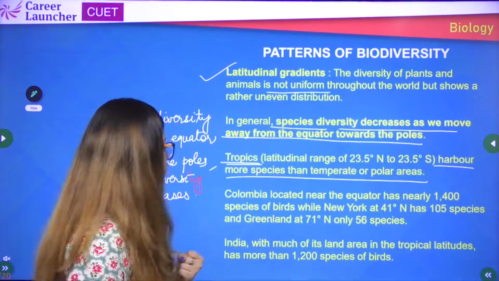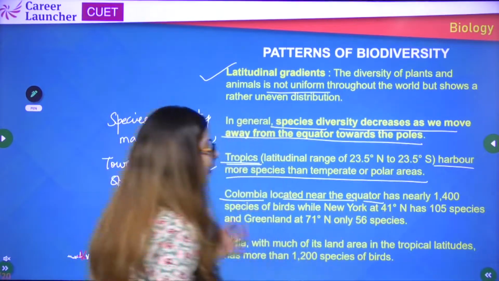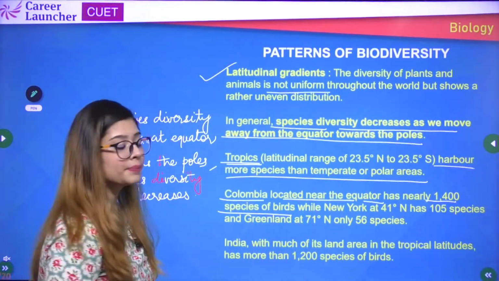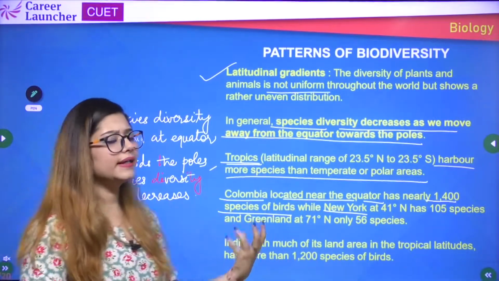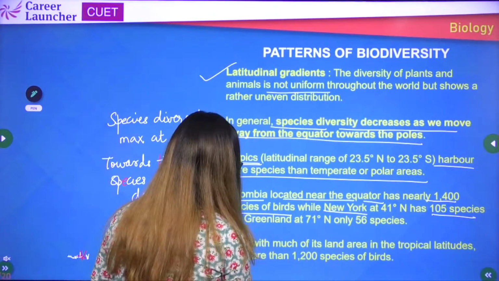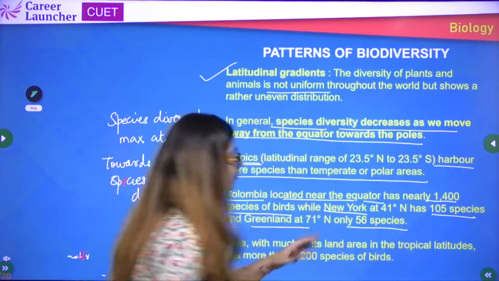regions and polar regions. Example, Colombia, which is located near the equator, has about 1400 species of birds, while New York, which is let's say located in a temperate region, has only about 105 species, and Greenland, which is situated at the poles, has only about 56 species.